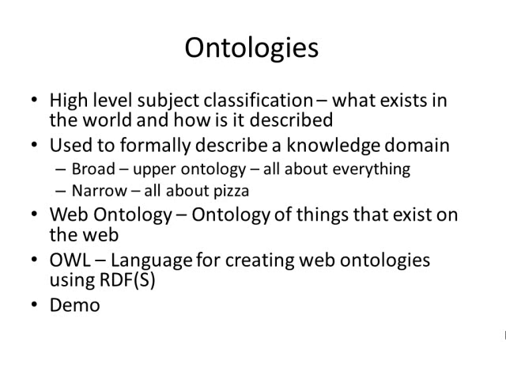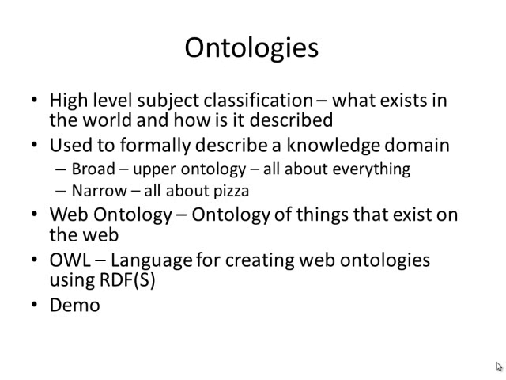In much the same way that you have your controlled vocabulary, such as Library of Congress subject headings, or the Art and Architecture Thesaurus, or synonym rings, and so on, the ontology is usually put at the top of the list in terms of complexity, and it really is what exists in the world and how it is described.